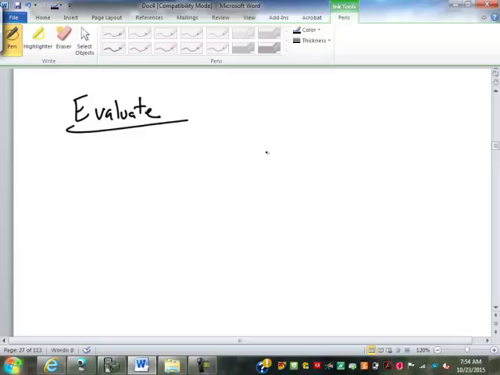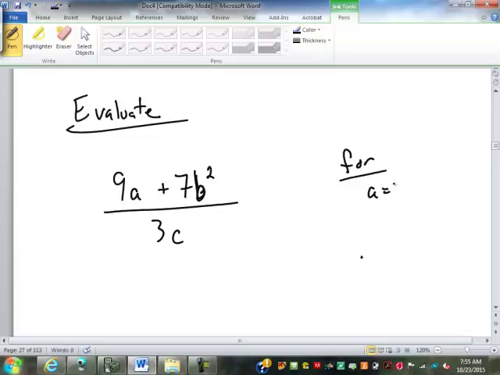So the next step, similar to the order of operations, where I would say simplify or find the value of, this one I would give you the command to evaluate: 9a plus 7b squared all over 3c, for a equals 12, b equals 6, and c equals 2.